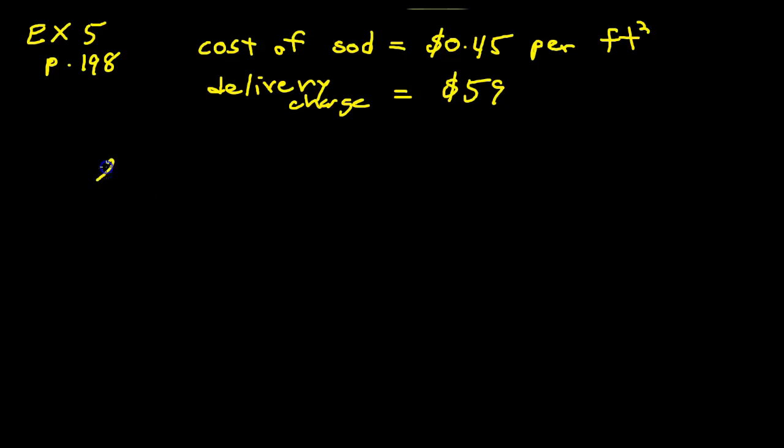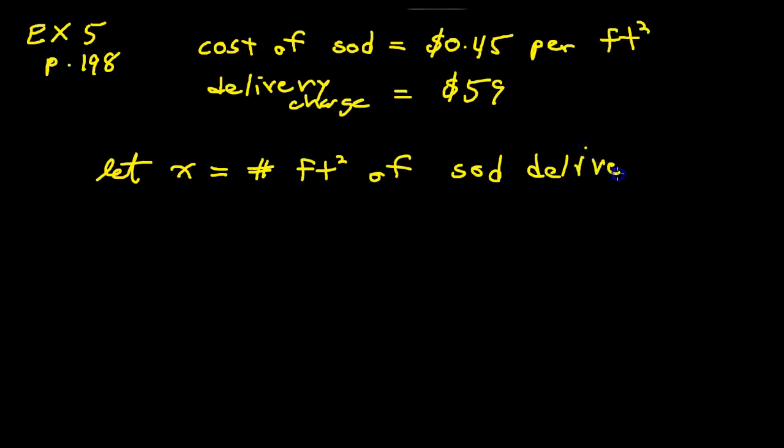All right, first I'm going to invoke a let statement. Let x equal, well, I'm looking for the number of square feet of sod delivered. So now we need to set up an equation.